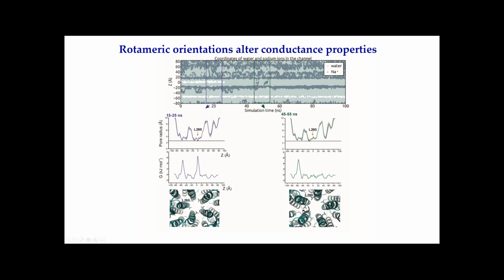We find that the channel can switch between a conducting and a non-conducting state within the same conformation, by simply moving the leucine side chains away from the pore axis. So even a slight rotameric reorientation of this position leads to changes in the conductance property of the channel.